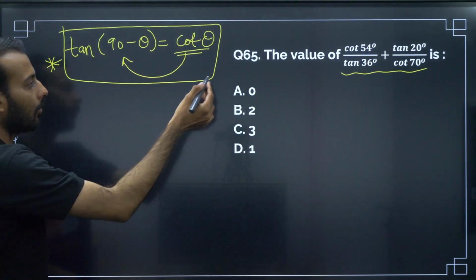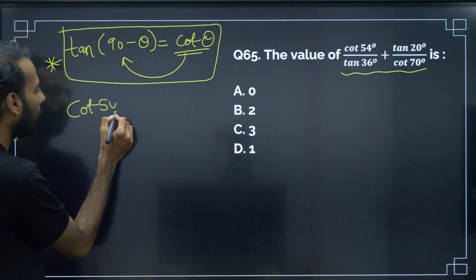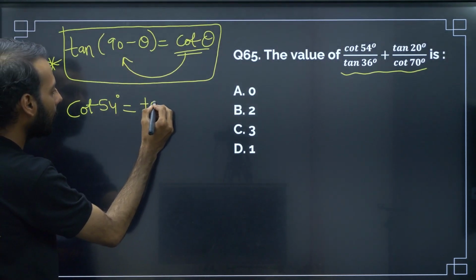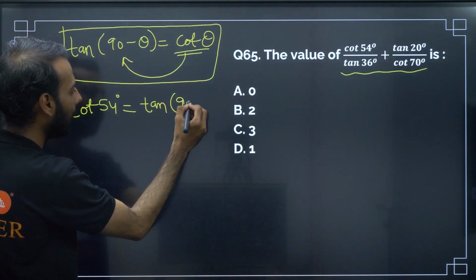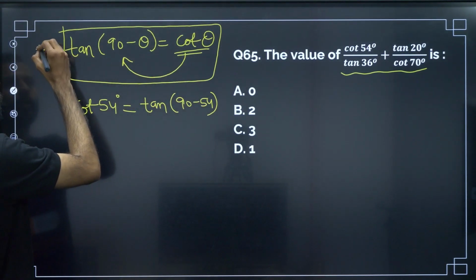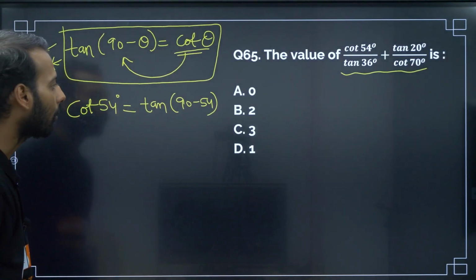Now if you observe, cot 54, let me write that expression here. For cot 54, I will write this as tan of 90 minus 54. According to this formula, cot 54 can be written as tan of 90 minus 54.